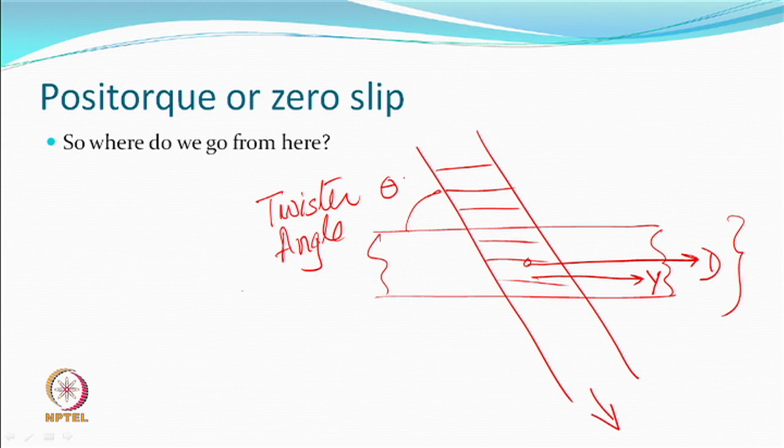So, twister angle, instead of being 90 degrees, is at some angle, let us say somewhere around 60 degrees or so. So, you can appreciate it is different from the wrap angle.